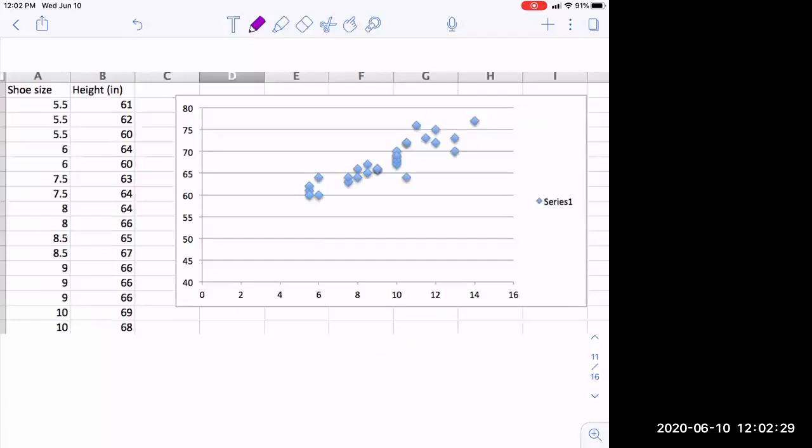Okay, here's an Excel spreadsheet I did where this is shoe size and this is height in inches. This is from a previous class where we collected this data. Well, it's pretty strong correlation because it looks like the line of best fit is right in there.